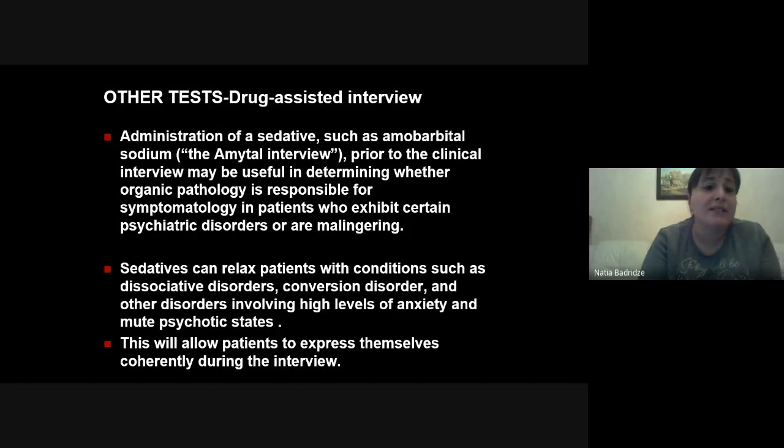Because if the patient has a dissociative disorder, conversion disorder, or anxiety disorder, these emotional states and hyperexcitement will interfere with the interview, and there might not be coherent answers, and the doctor cannot identify the objective problem of the patient. That's why we need to relax the patient first and then do the further test to identify the real problem.